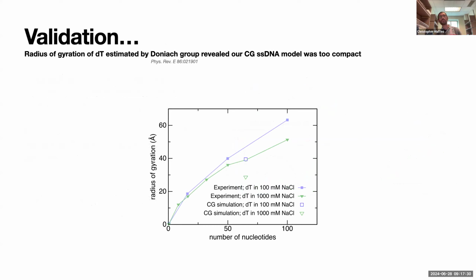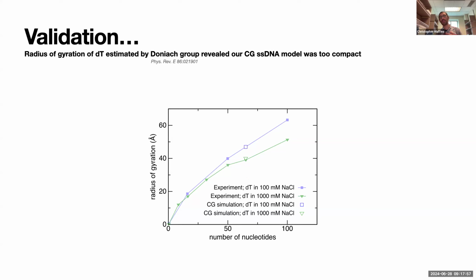That was due to the fact that our all-atom MD model was also too compact. This is the problem of inheriting the deficiencies of the underlying model. So we dealt with this by adding a tiny extra bit of repulsion to our DNA beads. It was a manual process.